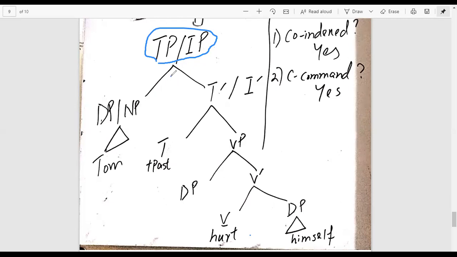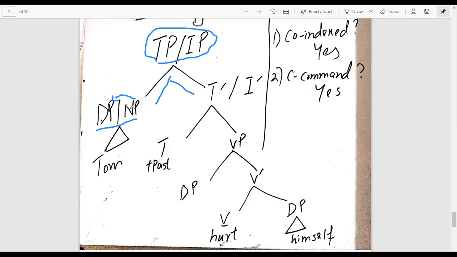First of all, I divide the sentence into two branches. First, you have DP or NP. DP is determiner phrase and NP is noun phrase. This noun phrase comes under the umbrella of DP, so I will usually use DP for the NP. The major term is DP and the minor term is NP.